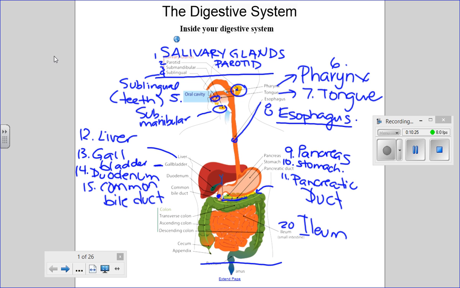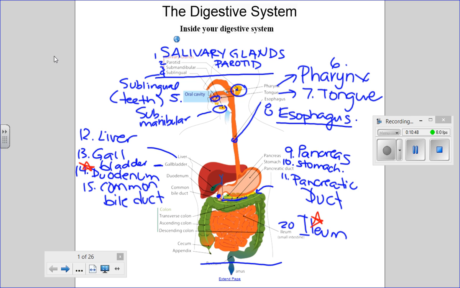So just so that you know, 14 and 20 are both part of your small intestine, which is that orange section. And when we get to talking about the small intestine specifically, I'll show you what it looks like if we were to stretch it out so that you have a better perspective of where each part is.